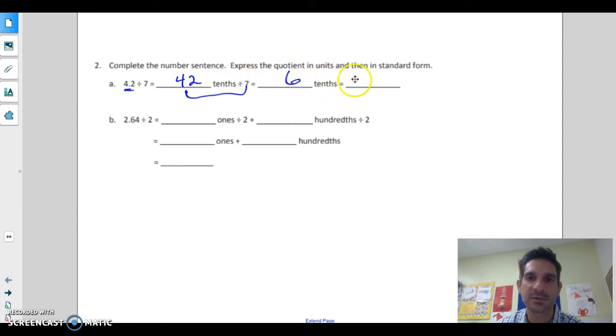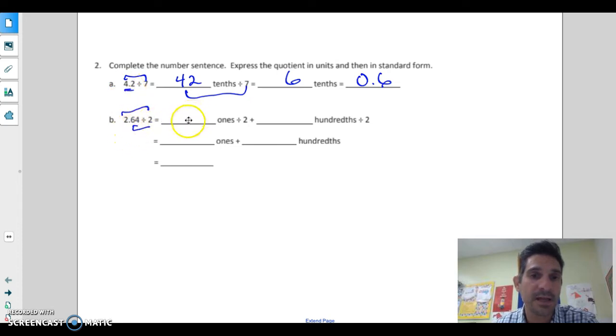So it's 6 tenths, which is really 0.6. Now B does it a little differently. The reason they can do this is because 2 can go into both 2 and 64. 7 cannot go into 4 evenly, but it does go into 42.